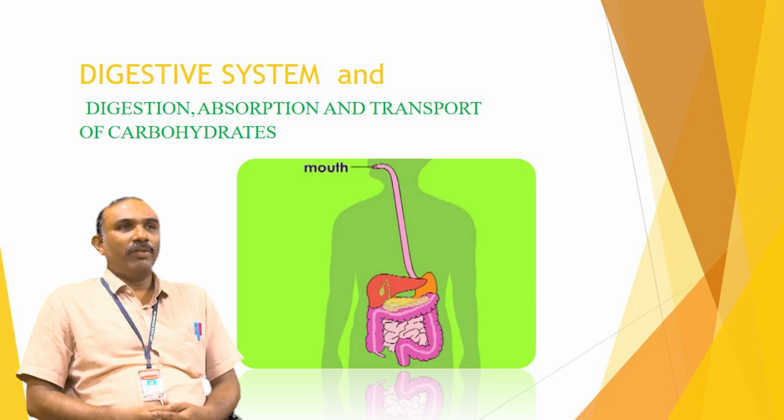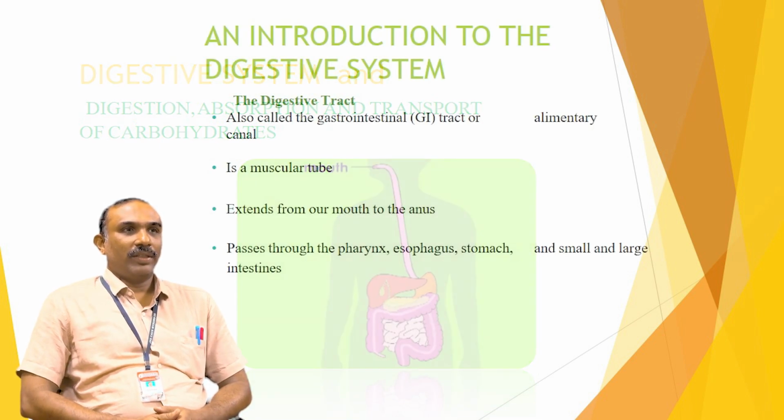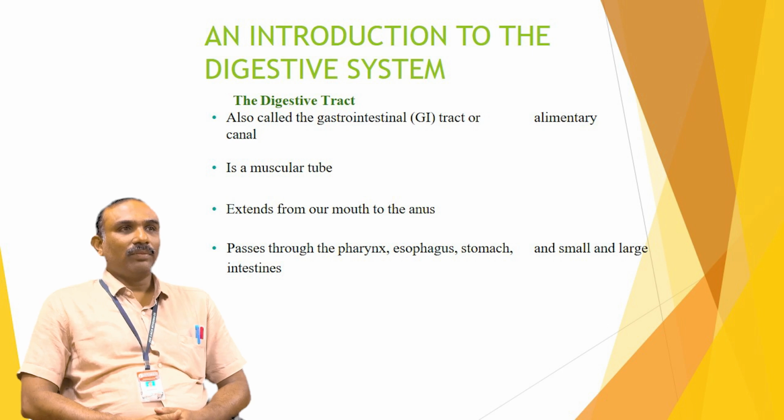Today we'll discuss the topic digestive system and digestion, absorption, and transportation of carbohydrates. First, an introduction to the digestive system: what it contains, and we will study it one by one. It is also called the gastrointestinal tract or the alimentary canal.